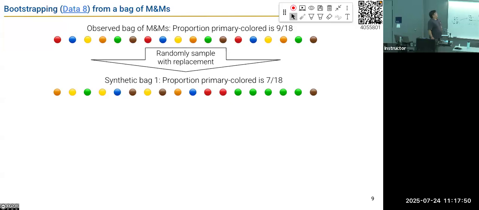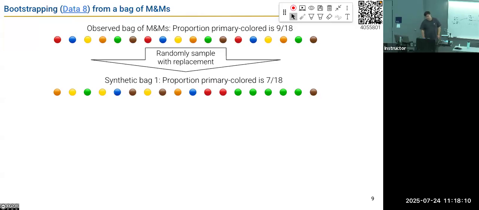Say this is my first bootstrap sample. Of course, this is synthetic. This is not our original sample that we drew from all the M&Ms from the factory. This is only a resample of our original sample, so we call it a bootstrap sample or a synthetic sample.